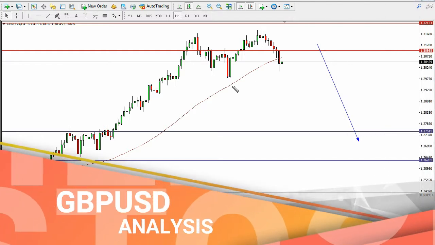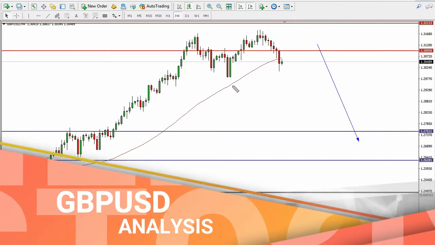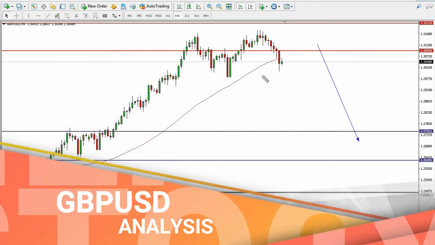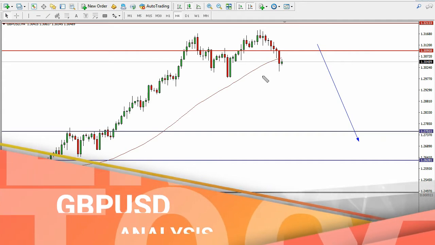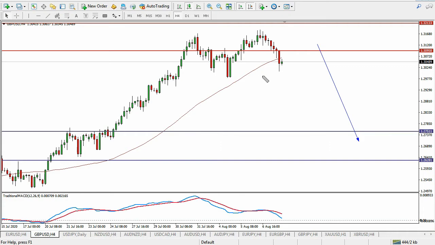So this is the Pound USD. As I told you last week, I'm only looking for some short positions after achieving my longer term target. I mentioned that I'm only looking for some short positions on Pound USD, and you see here price was struggling to create another higher high, fell from this area and moved downwards.